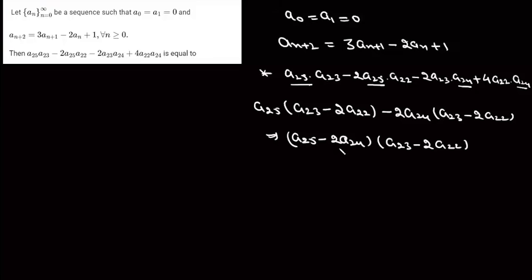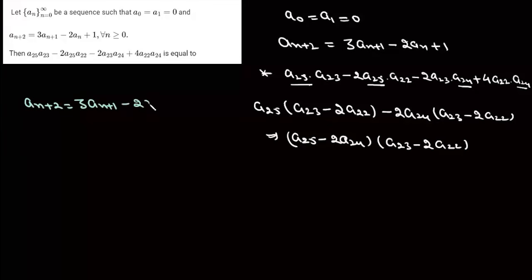So now we'll come to this given relation. So we are given that A(n+2) is 3 times A(n+1) minus 2 A_n plus 1. Now we can take one of the A(n+1) on the left hand side. We can write A(n+2) minus A(n+1) will be equal to 2 times A(n+1) minus A_n plus 1.